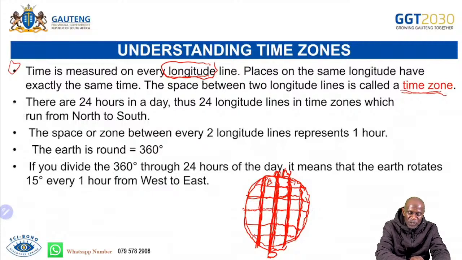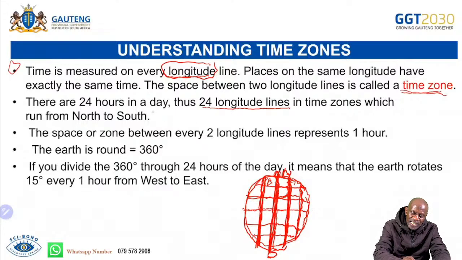Right. As we move on to the next bullet, it says there are 24 hours in a day. This is a known fact to every one of us. This indicates that there are 24 lines in the time zone which run from north to south.